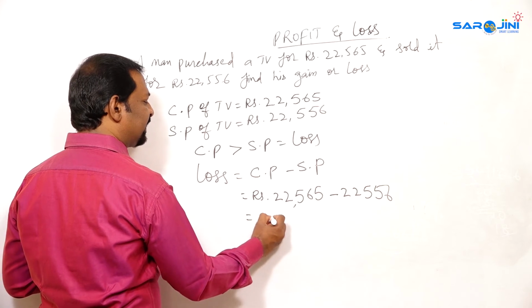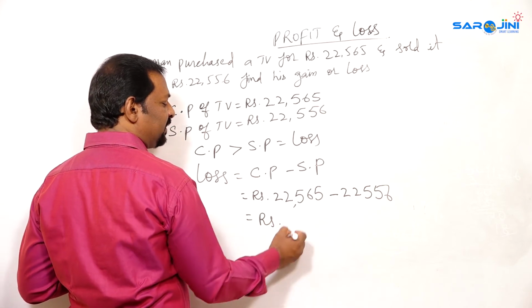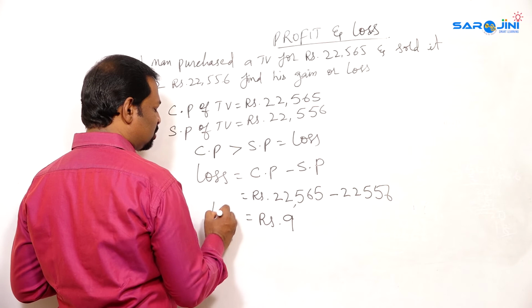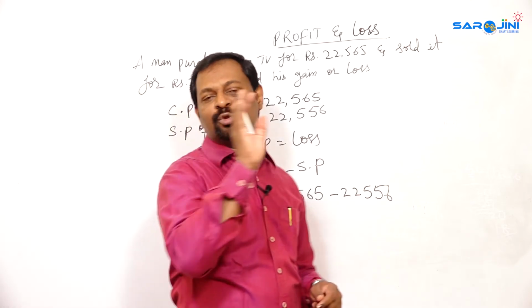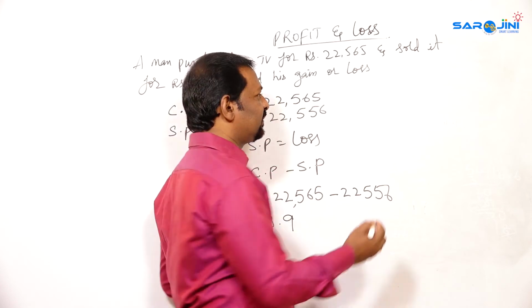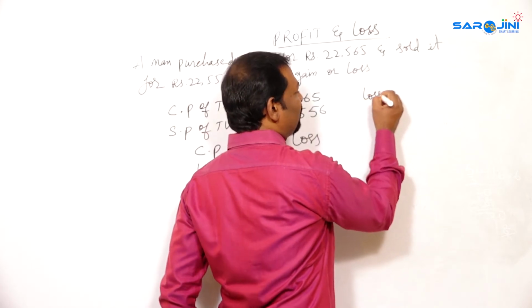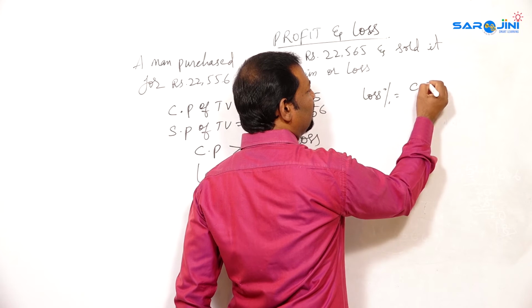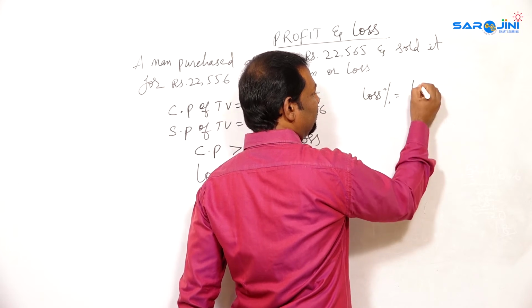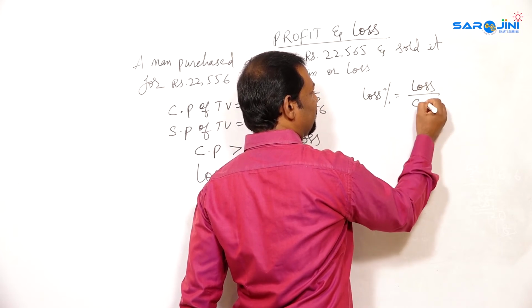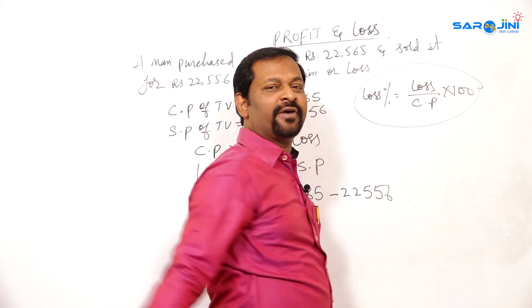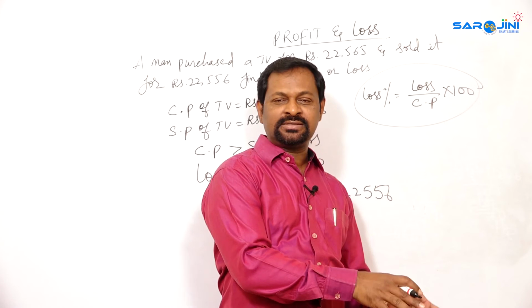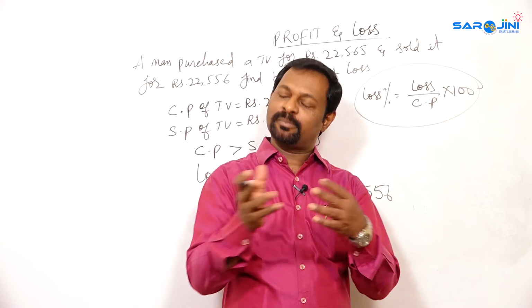If you calculate that, the difference will be 9. So overall you got a loss of 9 rupees. And you know very well, if you want to find the loss percent, what is the formula? Whatever loss you got, divided by cost price into 100. In this way we can find out loss percent or gain percent.